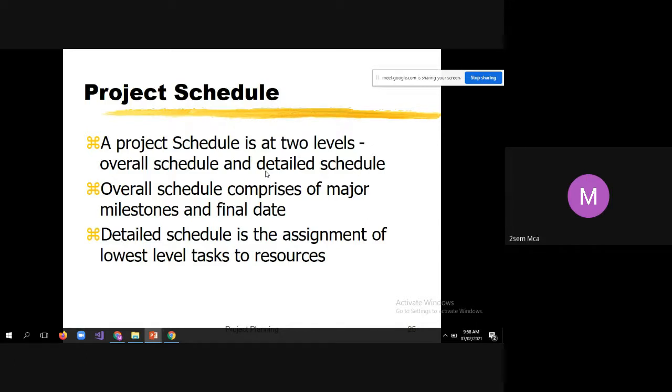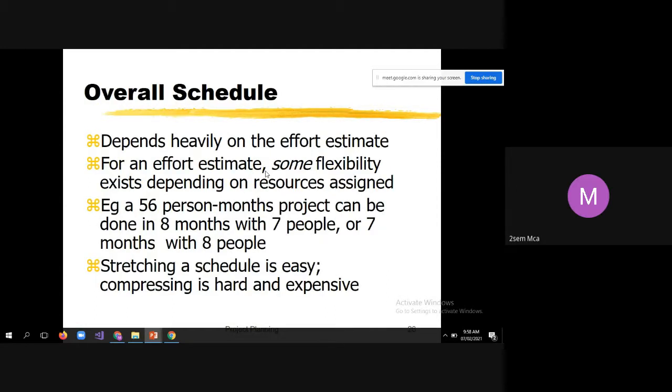At the same time, it will also assign the resources. For example, for this development, these tools are required, and those resources are to be allocated. That is also part of detailed design, because during each and every phase of the software project they use some specific tools. Those tools are nothing but resources; those are also considered as resources.